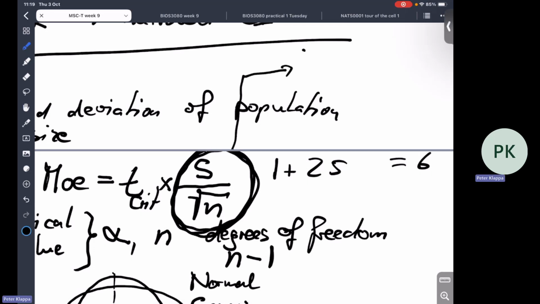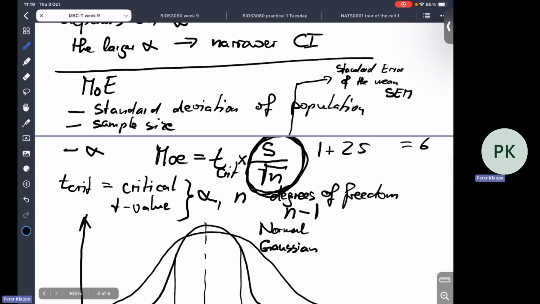It's called the standard error of the mean, because that's what we are looking at, the mean, or abbreviated SEM. Or sometimes it is just simply abbreviated as SE, as standard error, here in this case, because it's the mean.